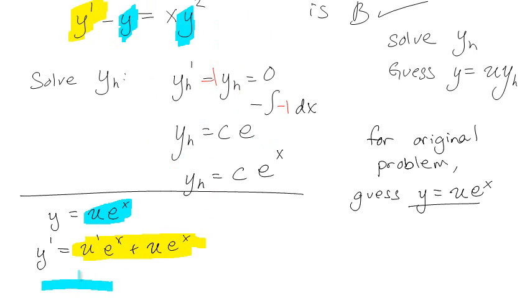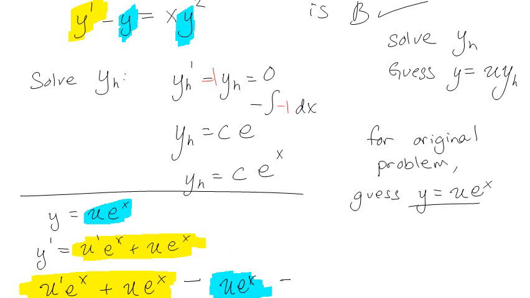We're going to start off with y prime. We know that y prime is u prime e to the x plus u e to the x, and we subtract off y. y is u e to the x, and that has to equal x times y squared, which is u e to the x squared.